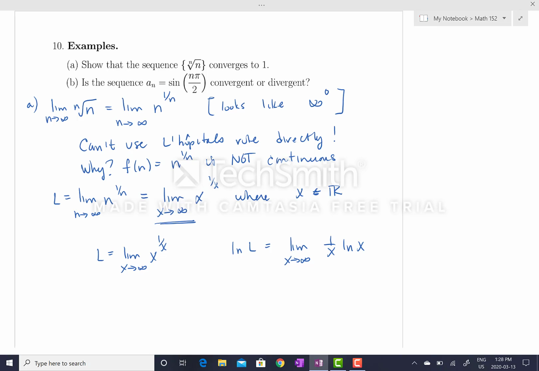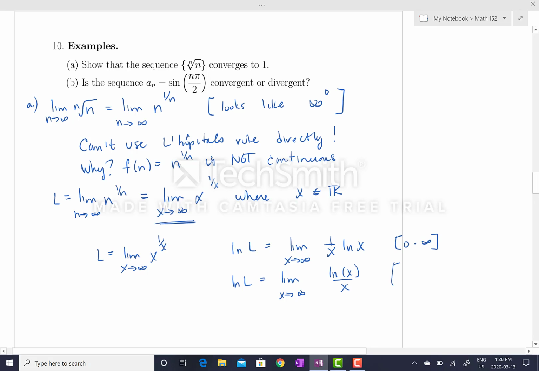Okay, now I look at this. Now I see I have an indeterminate form, 0 times infinity. That's fine. I'm still thinking of L'Hopital's rule. I need to make this look like 0 over 0 or infinity over infinity. So I proceed to do that. That's going to be the limit as x goes to infinity of log x over x.